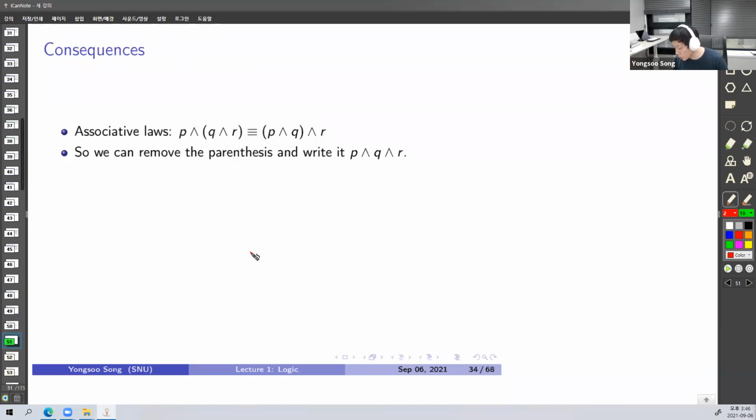This is called the associativity law for the AND operation. Since we already showed that these two propositions are logically equivalent, the order doesn't really matter, so you can simply omit the unnecessary brackets and write P and Q and R like this.